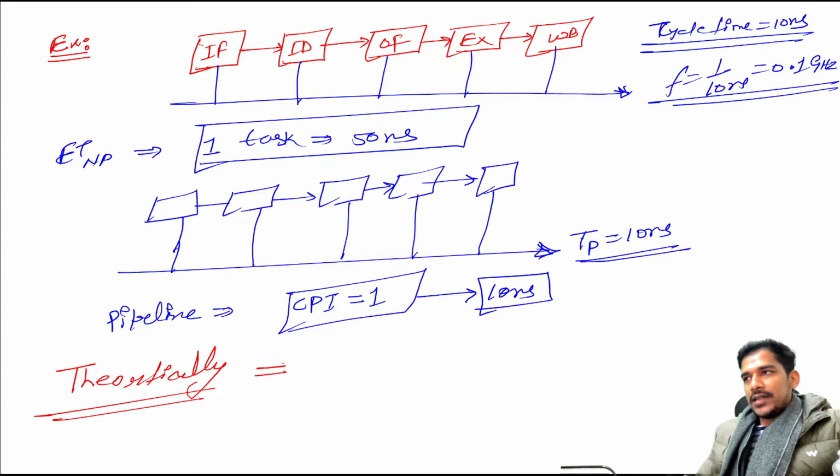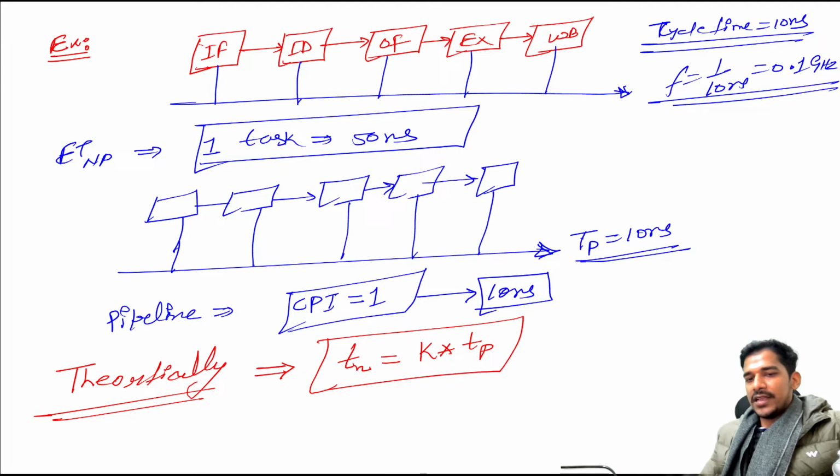Theoretically, when Tn, the time taken in the non-pipelining processor, is equal to the number of stages times the cycle time in the pipelining processor, that is Tn = k × Tp, where k is the number of stages, Tn is the time taken to execute one task in non-pipelining, and Tp is the cycle time of the pipeline, or the time taken to execute one task on the pipelining system.